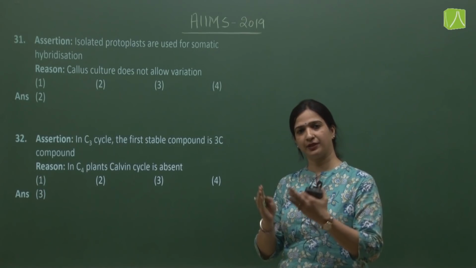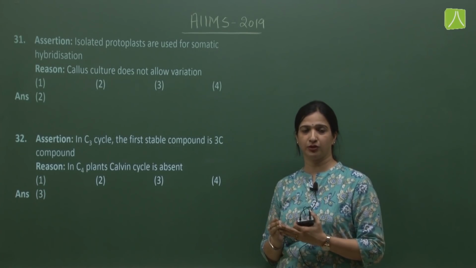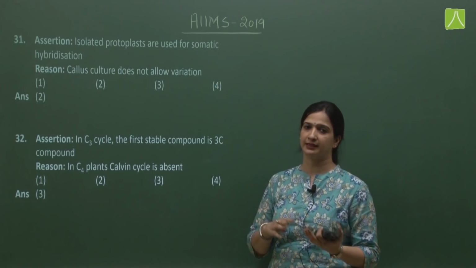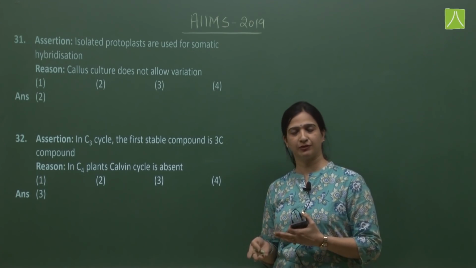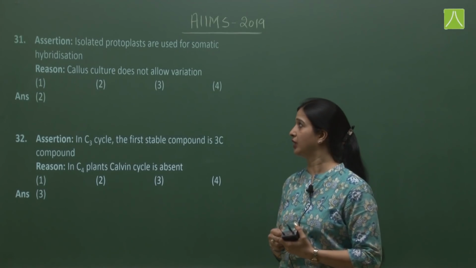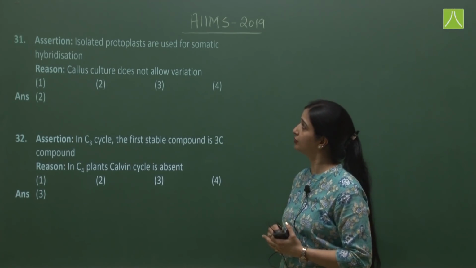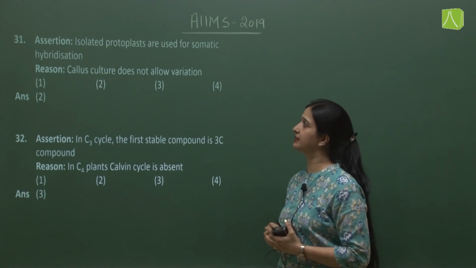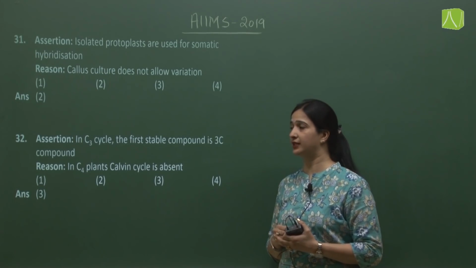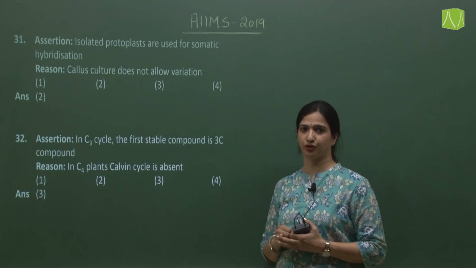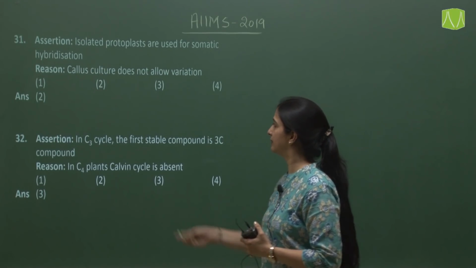Then their hybridization is brought about either by chemicals or electrically, that is known as chemical fusion or electrical fusion. That results in the formation of the somatic hybrid. So this is correct. If we look at the reason, callus culture does not allow variation. This statement is true, but it is not explaining the assertion. So here the correct answer will be second.